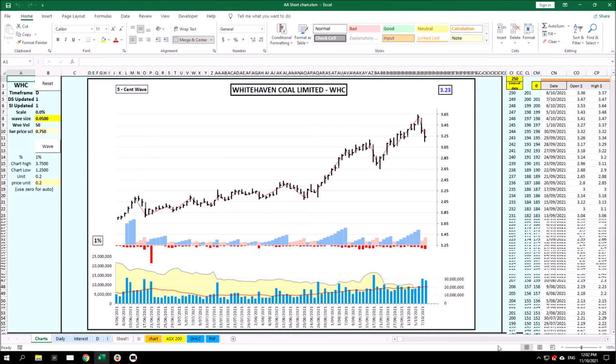So that's my short chart. That's what I call it anyway. And you can see how I use it to try to identify anomalies between daily short positions and short interest.